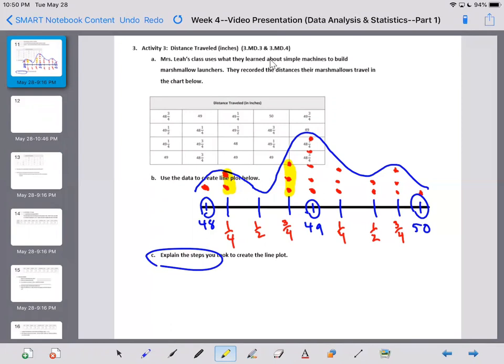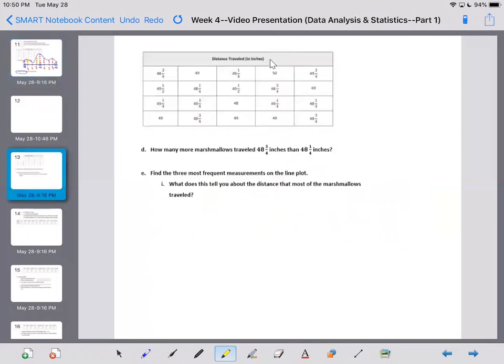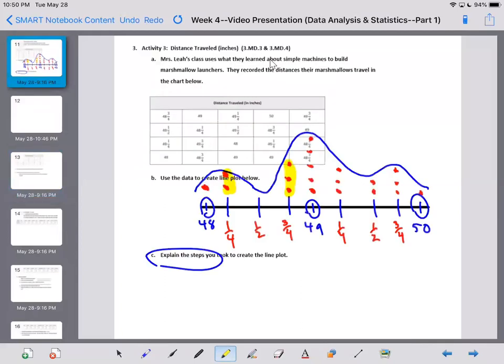You can also ask, all right, well, find the three most frequent measurements of the line plot. And it looks like 48 and 3/4 and 49 and 1/4, 49 and 3/4. 49 also had a large amount.